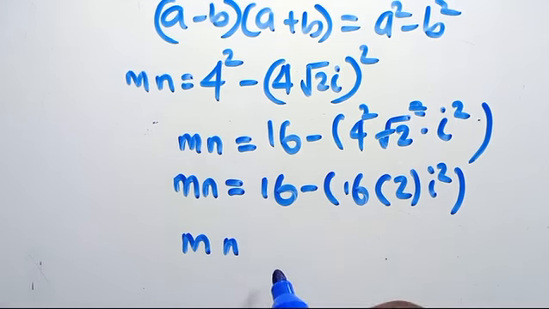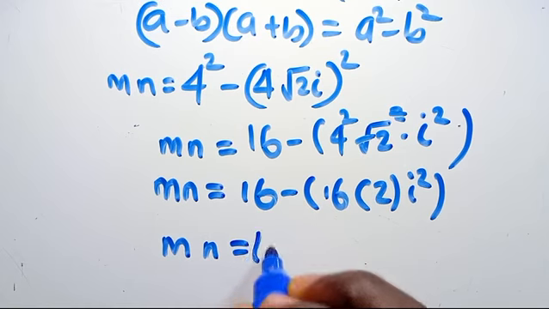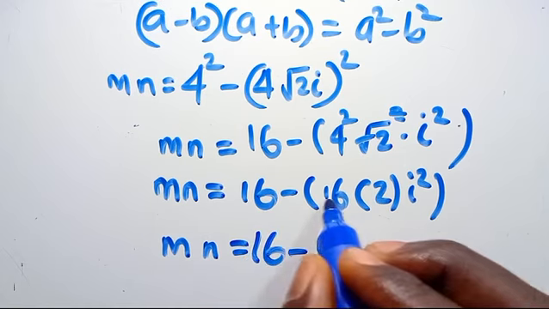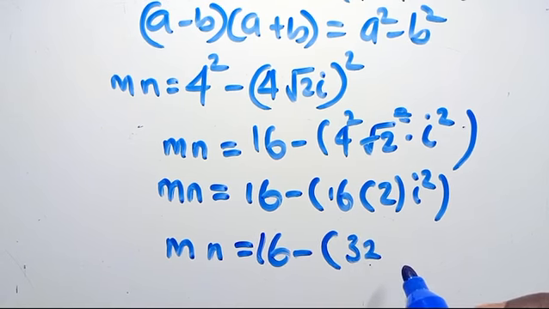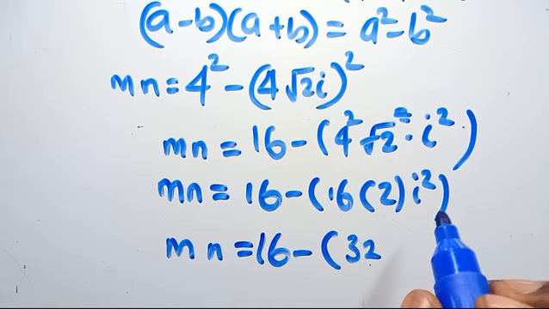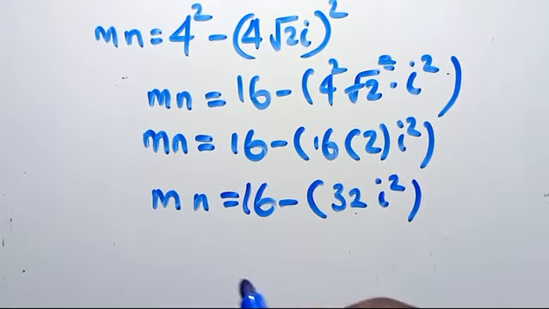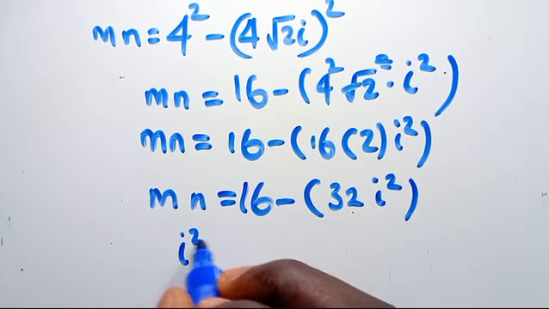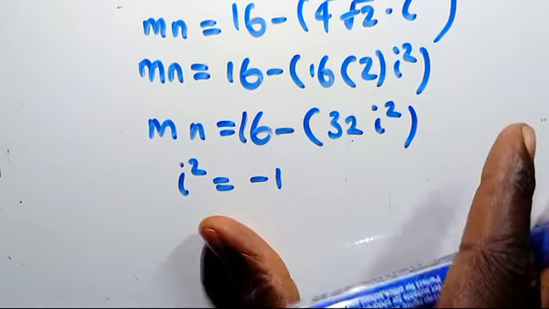mn, this will be 16 minus 16 times 2, that's 32. Now multiply by i squared. Then from complex numbers, i squared equals minus 1.